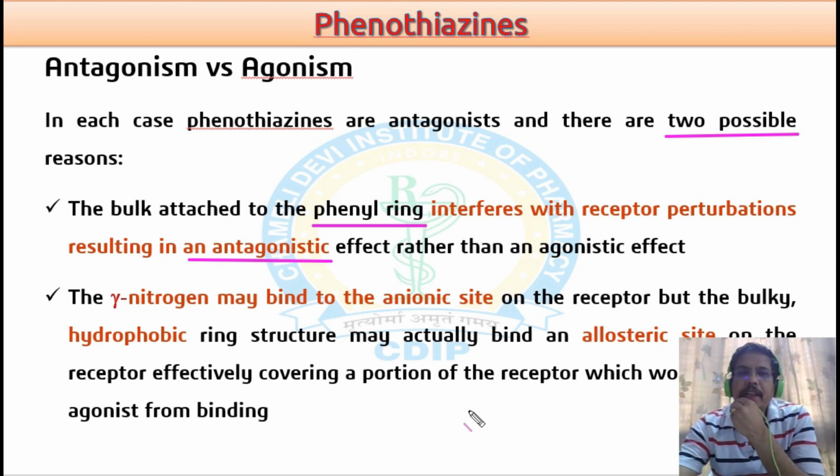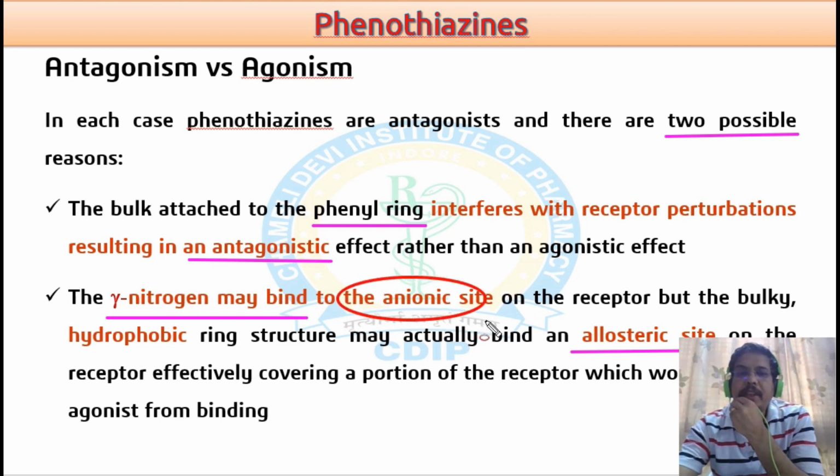Apart from that, the substitutions which take place on the phenothiazine nucleus on their side chain terminal, that is the gamma nitrogen, which may take the position in the allosteric site on the receptor, and this gamma nitrogen is also able to undergo interaction with the anionic site.